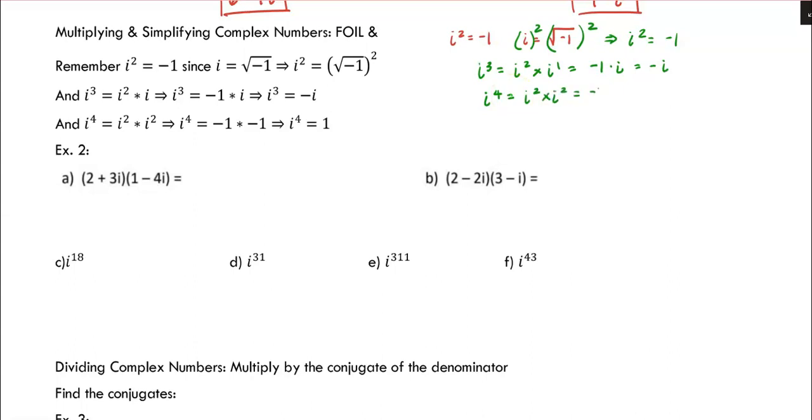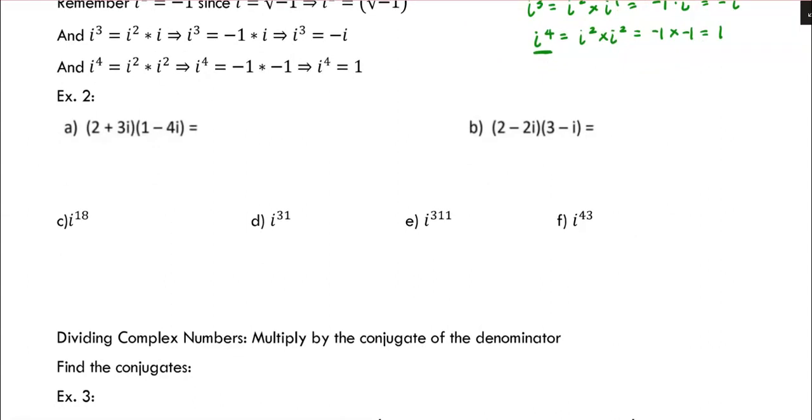So that is negative 1 times negative 1, which equals 1. And once we find the factors of i to the 4th that make up that particular exponent, or the divisibility by 4, then we can simplify C, D, E, and F very easily.